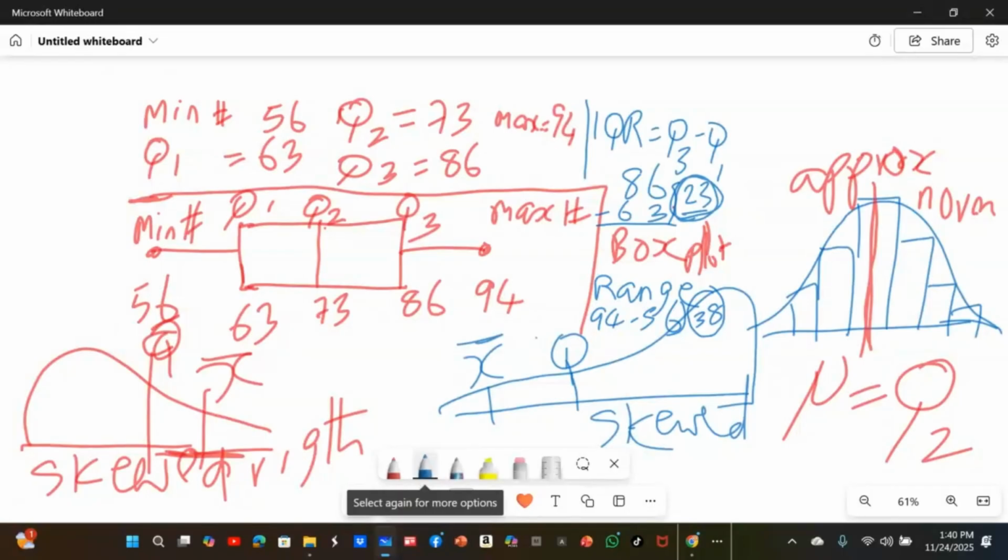So that's how you are going to explain what happens to the density curves. There are so many kinds of density curves, but we are only interested in approximately normal, skewed left, and skewed right distributions.